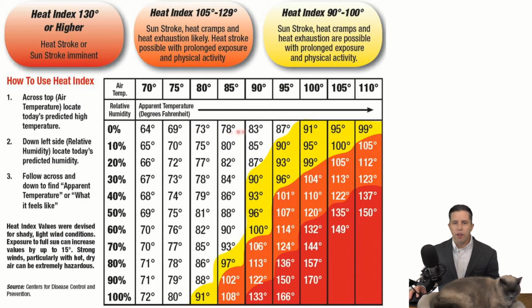If it's 100 degrees outside but the relative humidity is 0%, then it feels like it's about 91. That's nice. But what's not nice is when you get to high relative humidities. If you have a 100-degree day and 80% relative humidity, you end up with a heat index of 157, meaning it feels like it's 157 outside.